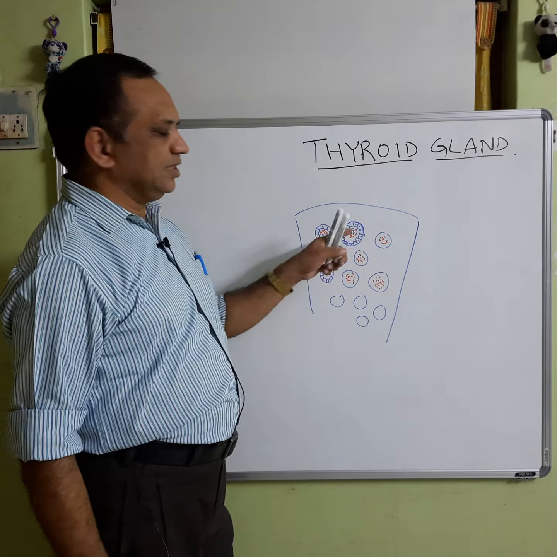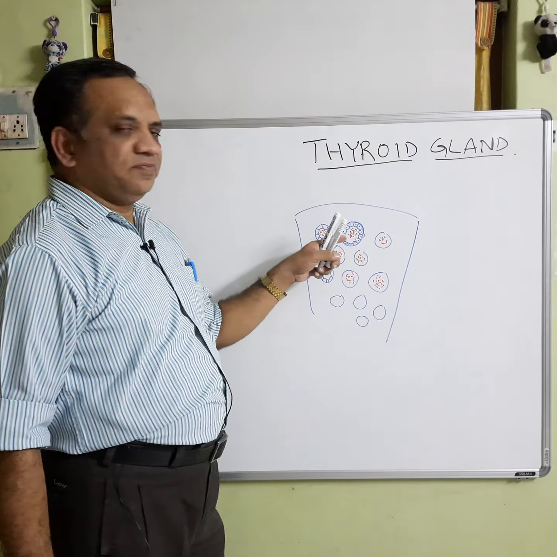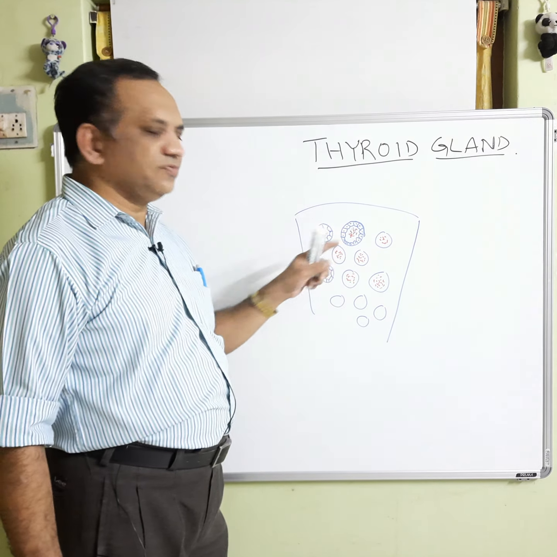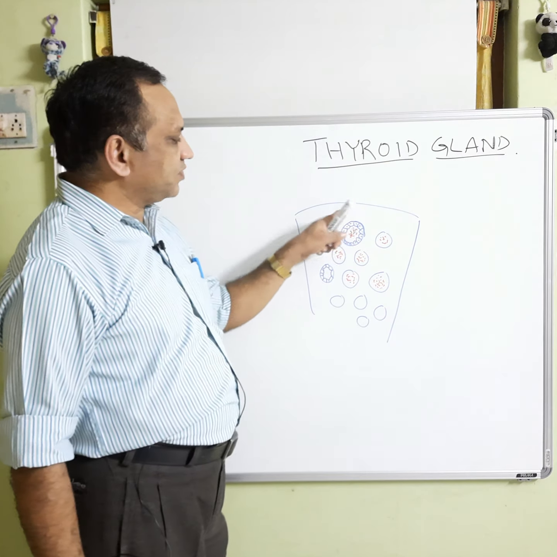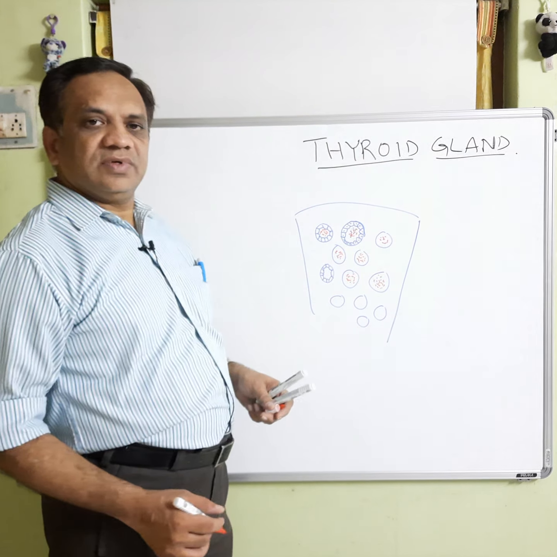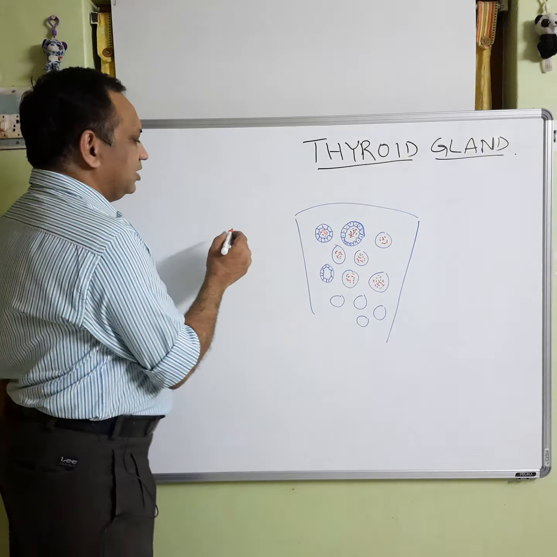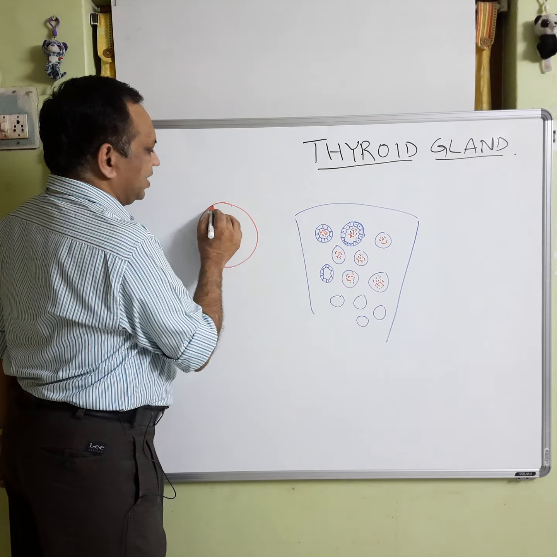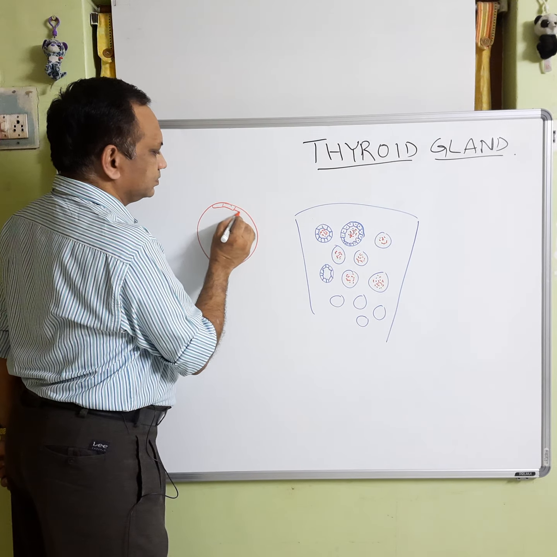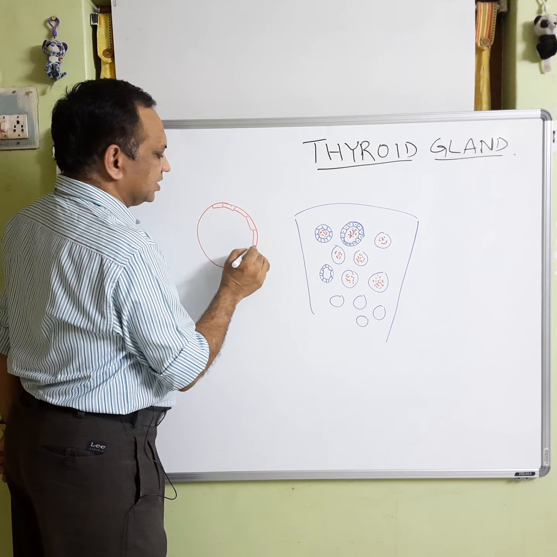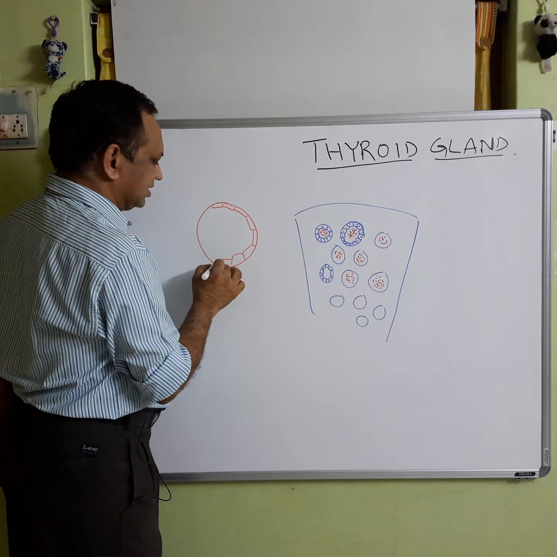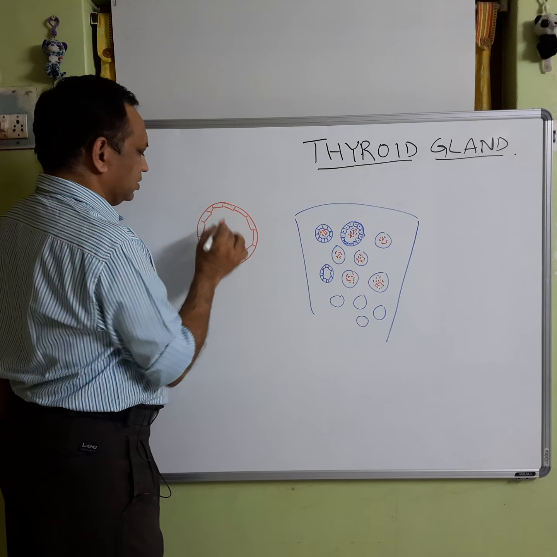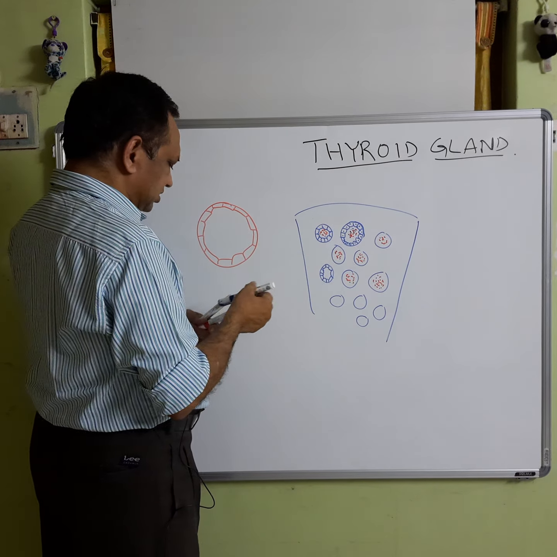The size of the epithelium, if you see, differs based on the activity of the follicular cells. These follicular cells, if they are inactive, will present flat cells with rounded nucleus.